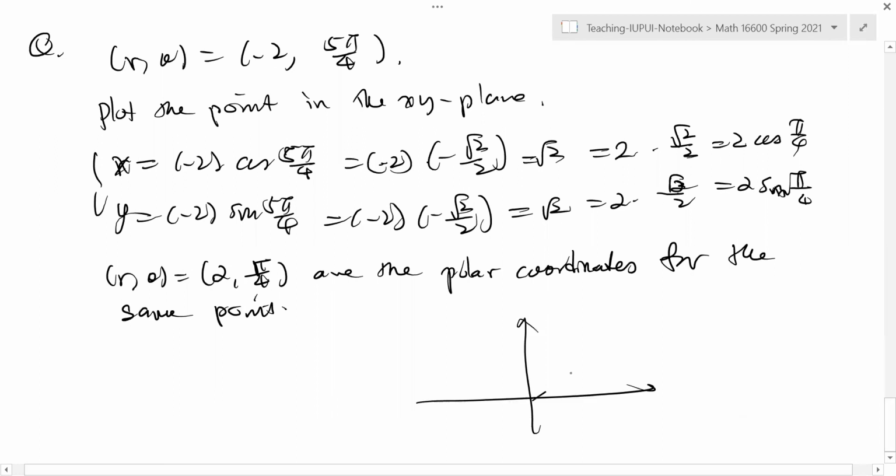This is pi over 4, and the length is going to be 2.